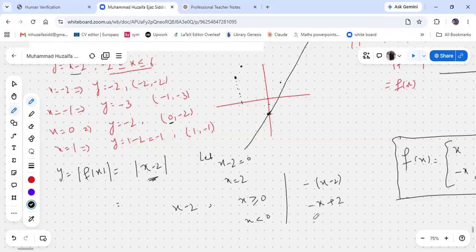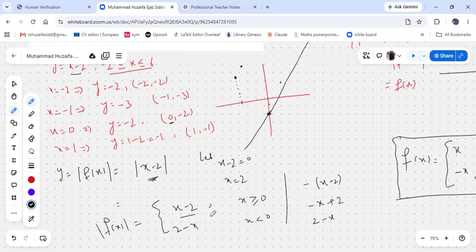I'm rearranging it: this is 2 minus x. So our f of x, the mod, is equal to x minus 2 when x minus 2 is greater than or equal to 0, and 2 minus x otherwise.